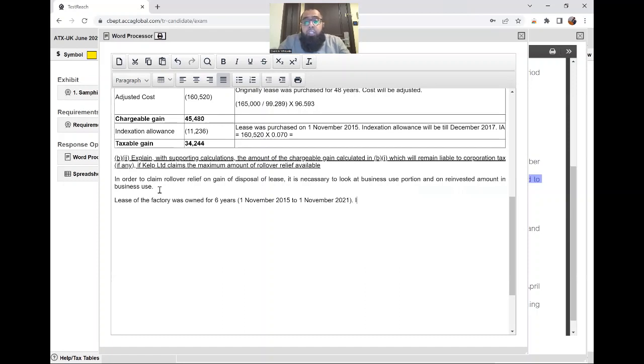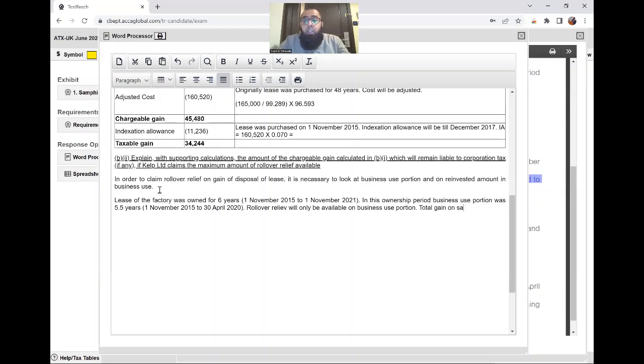In this ownership period, business use portion was 5.5 years, from 1st November 2015 to 30th April 2021. Rollover relief will only be available on business use portion.